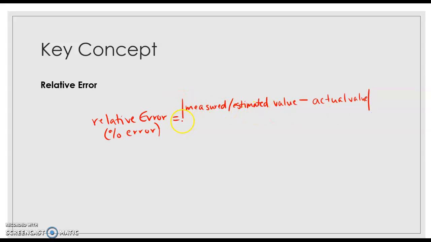And again, that's absolute value of that, so that means that basically positive, our distance from 0, and we will divide that by our actual value.